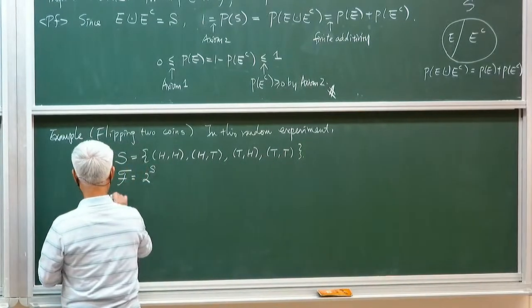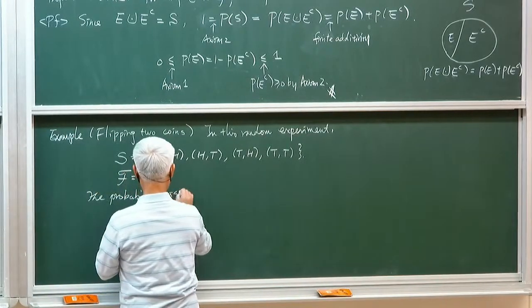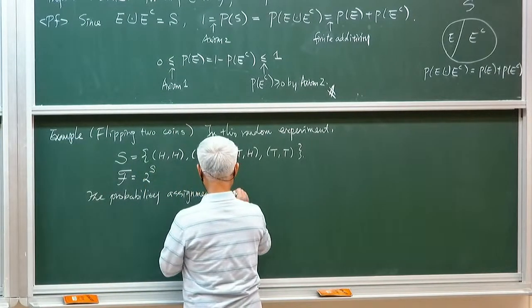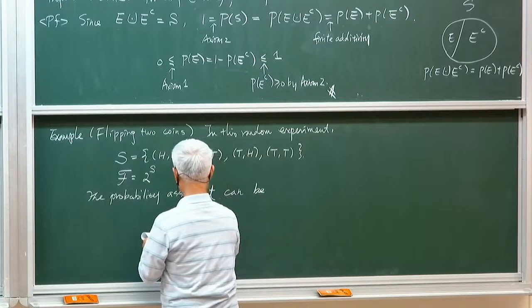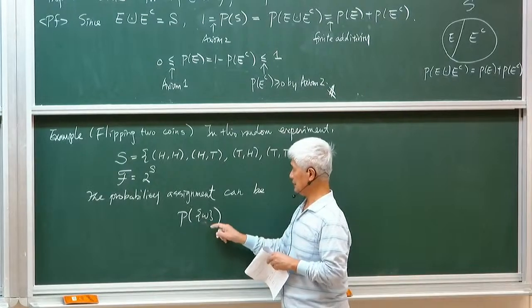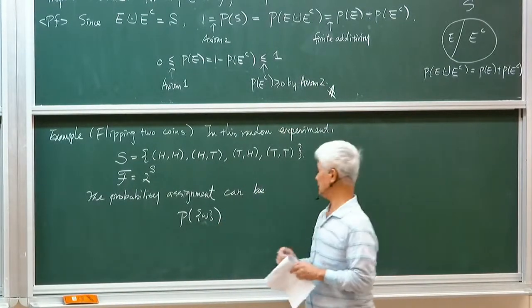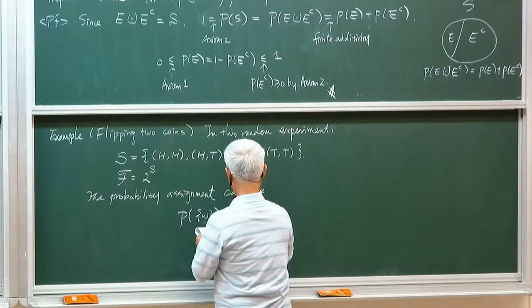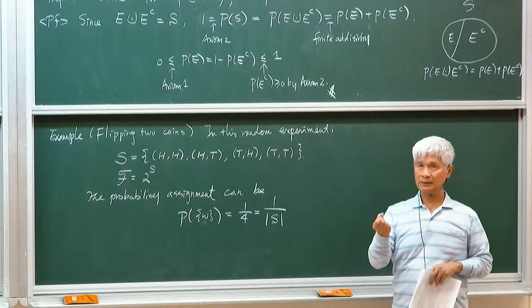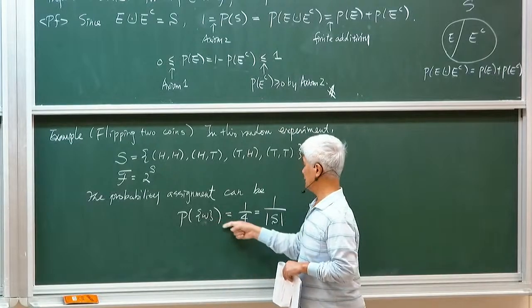Now, the probability assignment can be like, for every singleton, a singleton here is just a set consisting of only 1 element, this is 1/4.